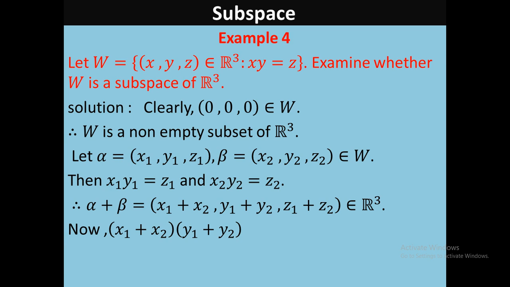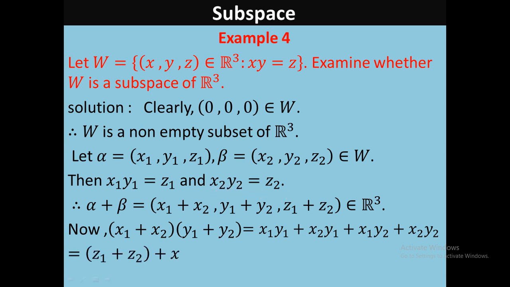If you multiply, this will be x1 y1 plus x2 y1 plus x1 y2 plus x2 y2. Now here you see that x1 y1 is z1 and x2 y2 equals z2.